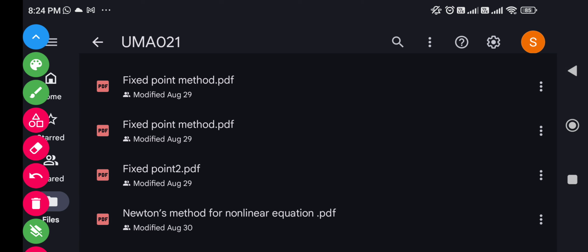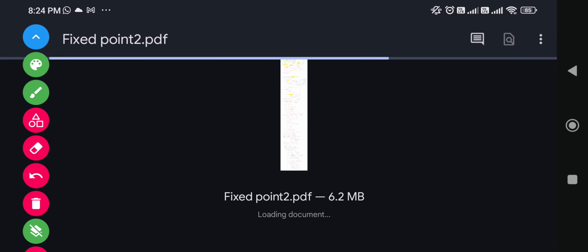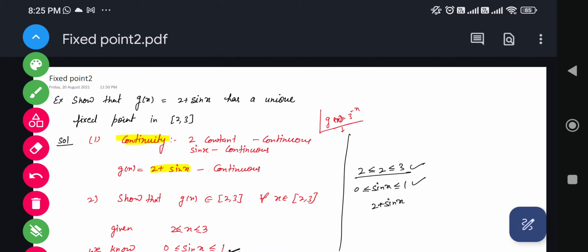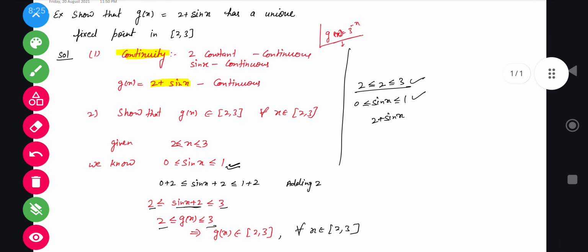Now let's go to the second fixed point one. It contains basically some questions, I think. So let's go and see. That g of x equal to 2 plus sin x has a unique fixed point in (2, 3). So the same question again.